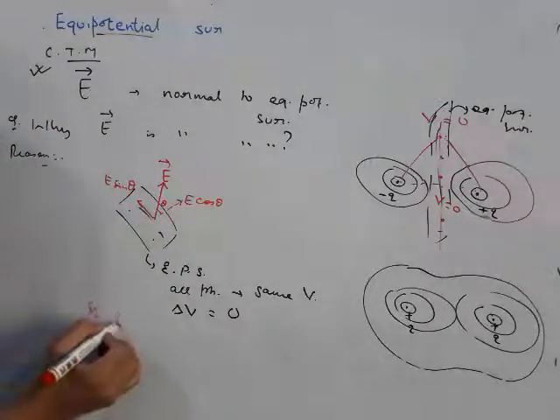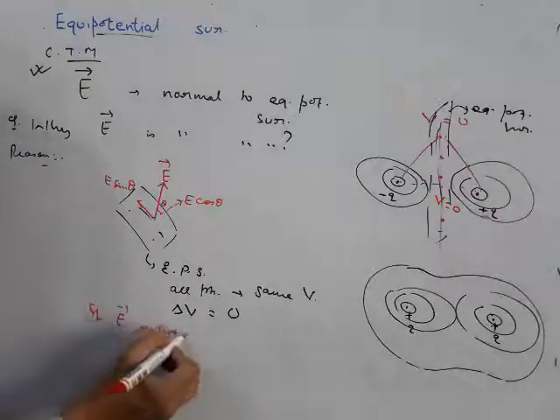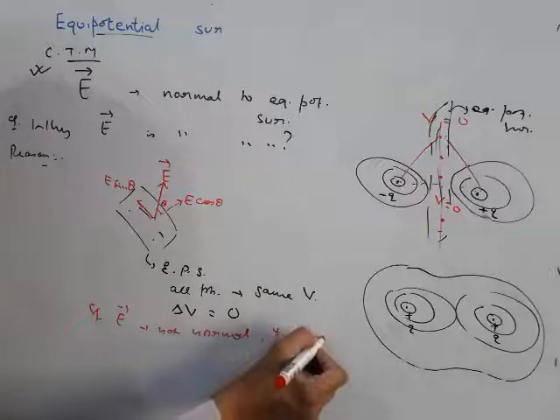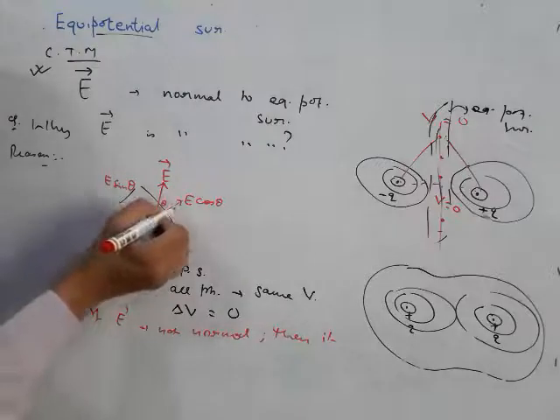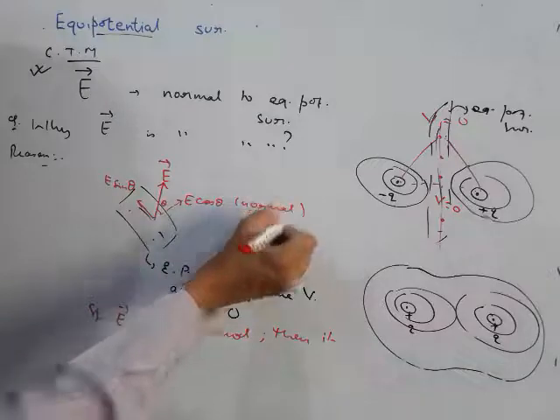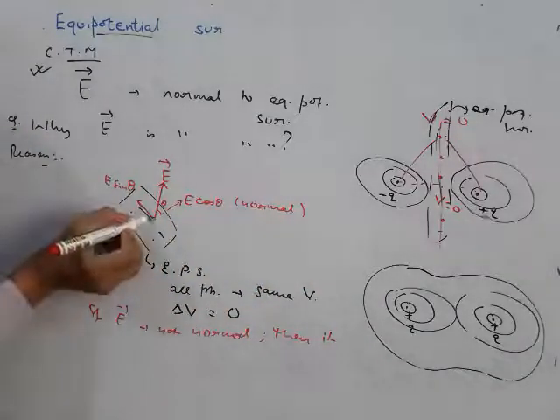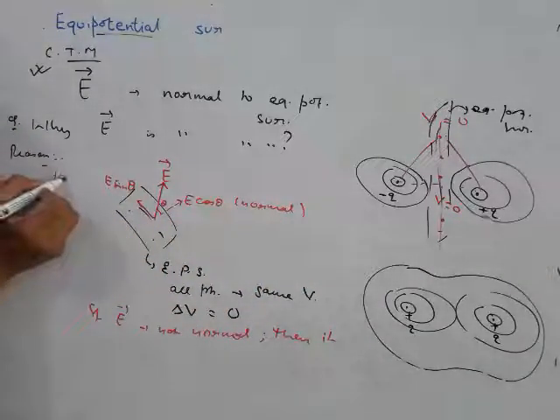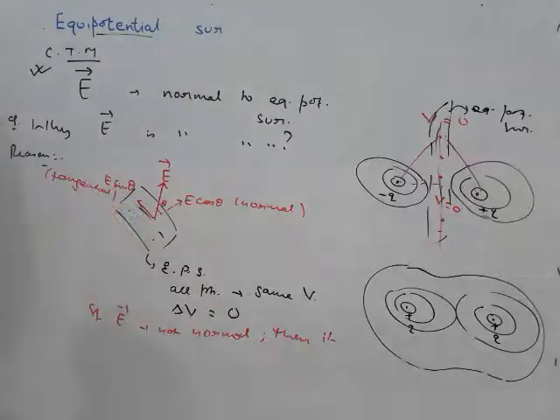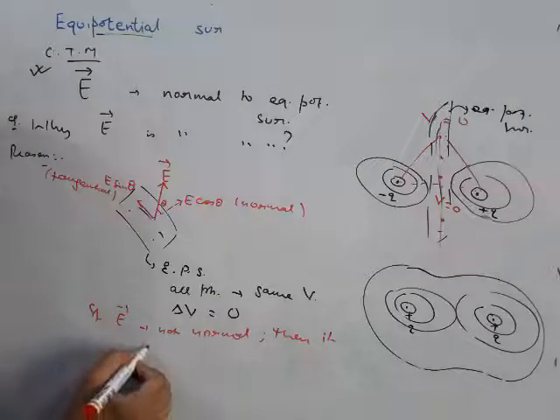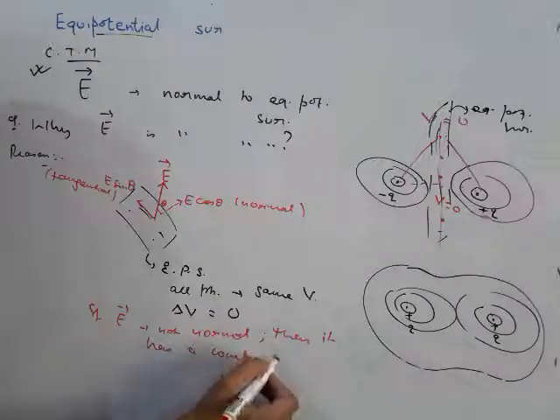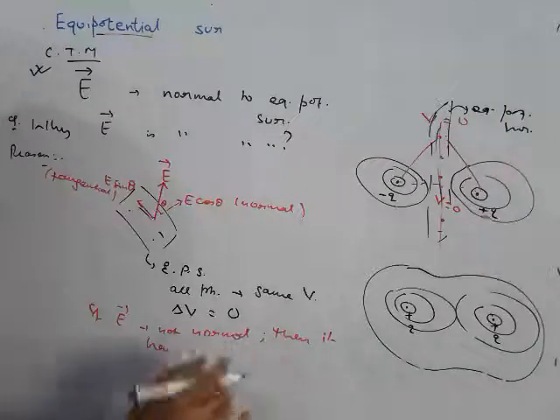So if electric field be not normal, it will have two components. This component E cos theta is the normal component. This component is normal to the equipotential surface, and it has another component that is tangential to the equipotential surface. That means it is along the surface. So it has a tangential component.